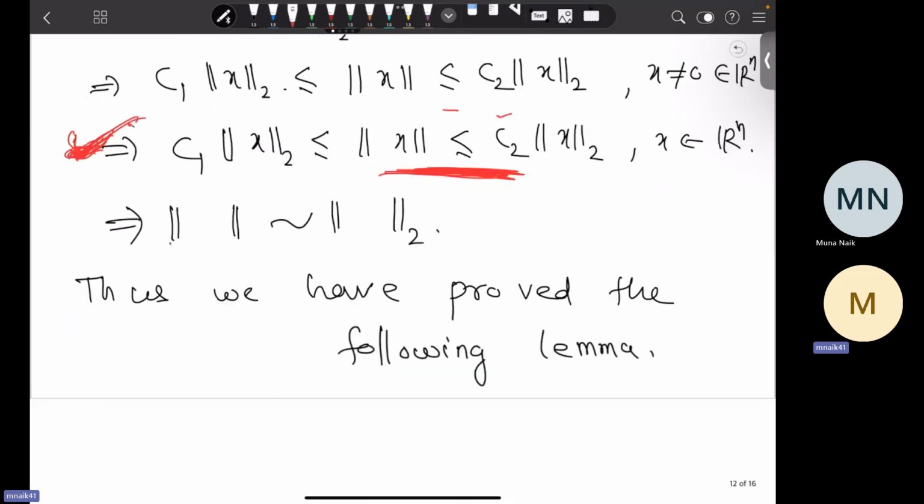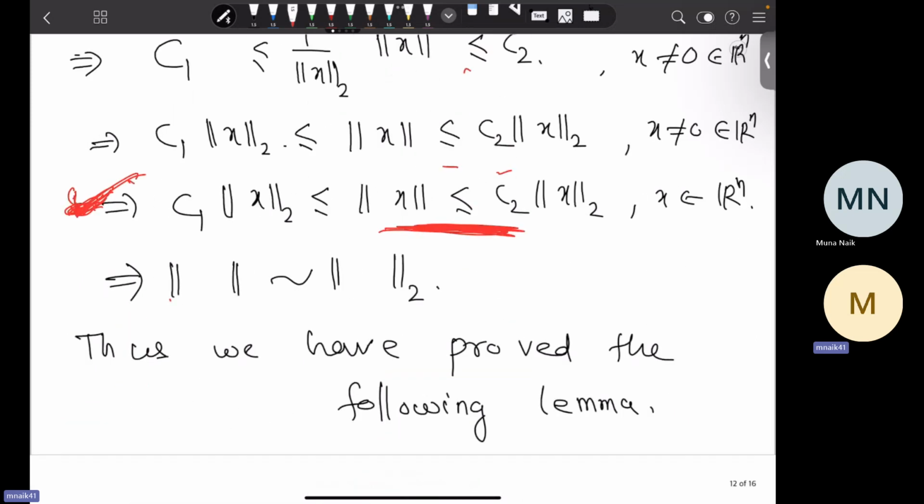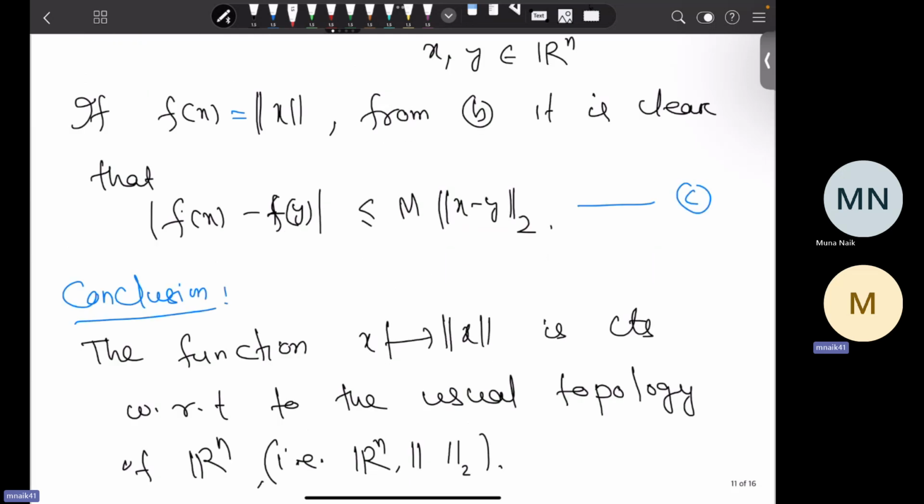Another thing: while proving this, I have given you only the proof of the result that any norm is equivalent to the L2 norm, but I have not explained the idea of the proof, why the proof is like this. So you have to think about it.